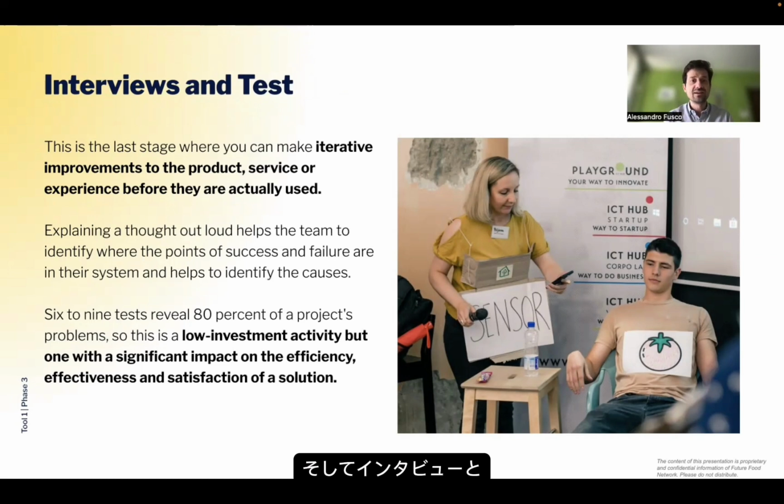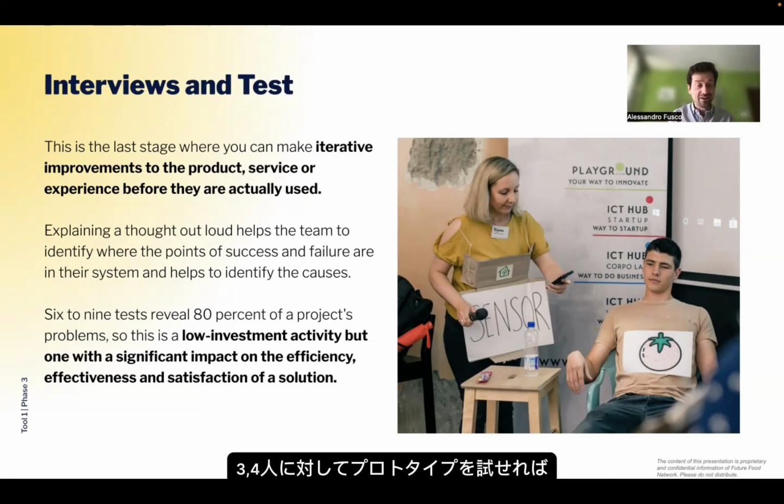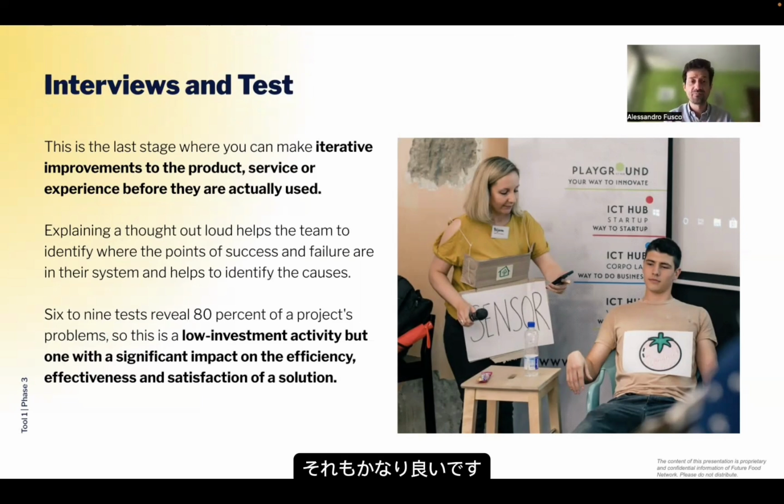Interviews and testing are an iterative task, and I invite you to find 6 to 9 people. This is the best case. If you manage to test the prototype with 3 or 4 people, it's also pretty good.